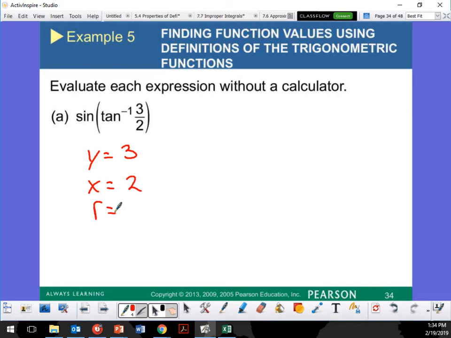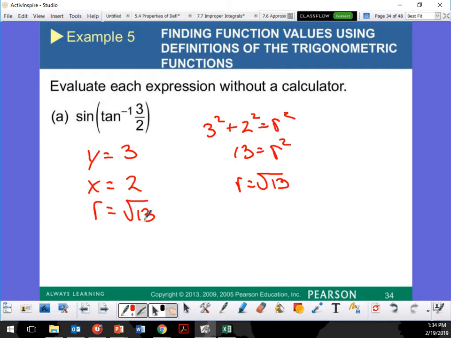So, let's find the r. So 9 plus 4, 13. Why is it not plus or minus? R can't be negative. It's got to be a radius, right?